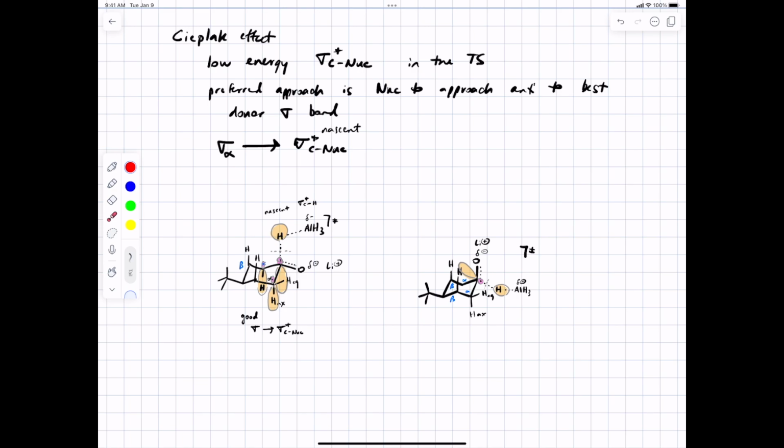Can you give us another example? Do I have another example, or should I just Google the Cieplak effect? You can probably do it faster than I can. So they approach anti to the best donor sigma.